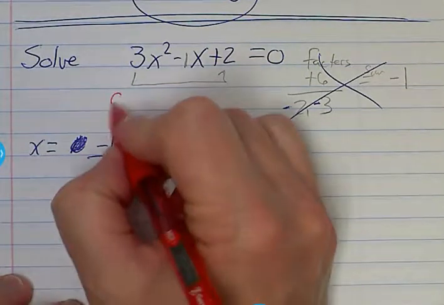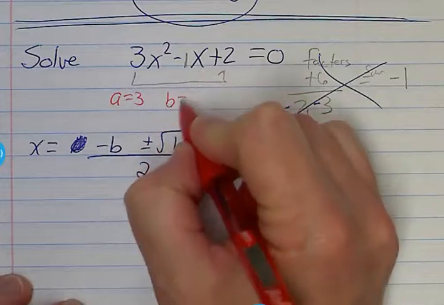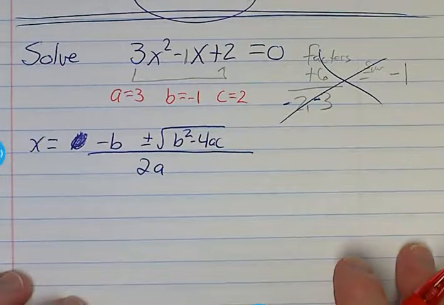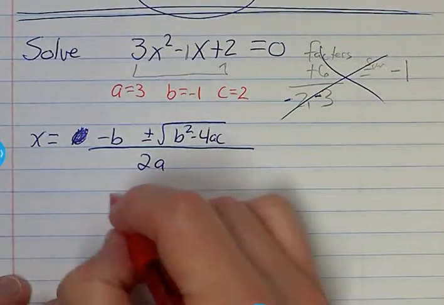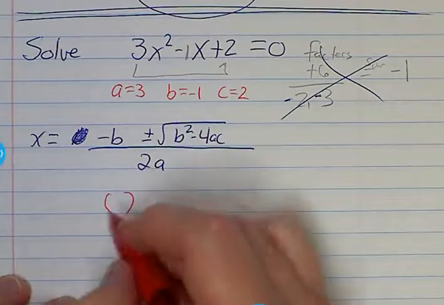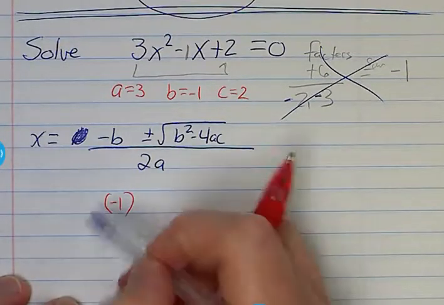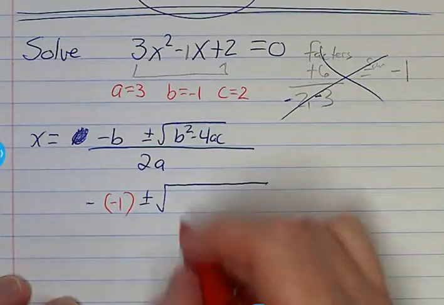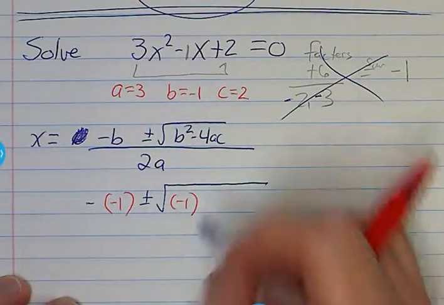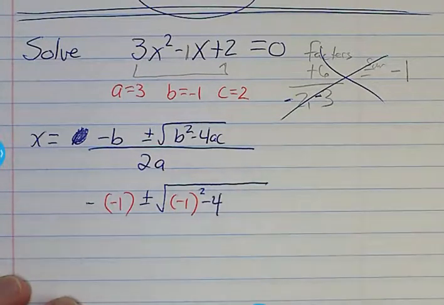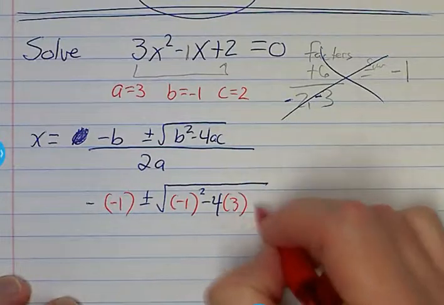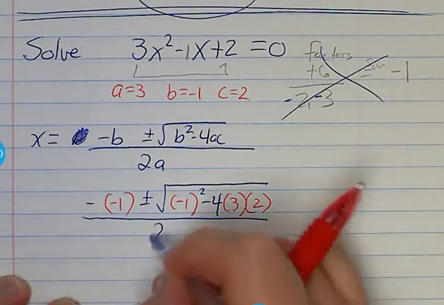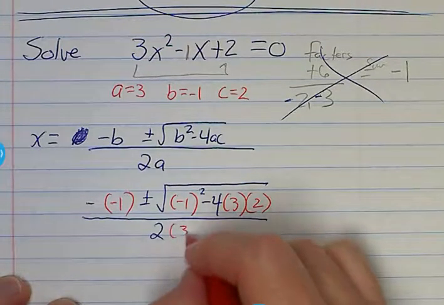So up here, our A was 3, our B is negative 1, and our C is 2. So we're going to plug those 3 numbers in, and let's put them in parentheses just to be on the safe side. That B is negative 1, so we've got minus negative 1, plus or minus the square root of B, negative 1, squared, minus 4 times A times C, over 2 times 3.